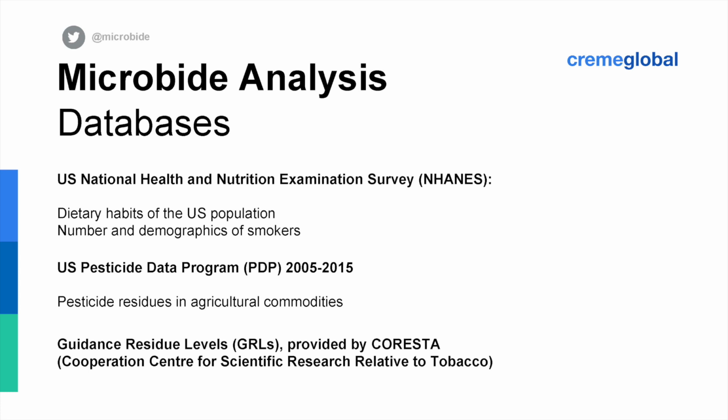Now, the pesticides concentration data was obtained from the PDP, or Pesticides Data Program, which is a program that monitors the levels of the pesticides residues in the US that are found on everyday foods. For the levels of pesticides residues on tobacco leaves, we estimated this with guidance residue levels provided by CORESTA.